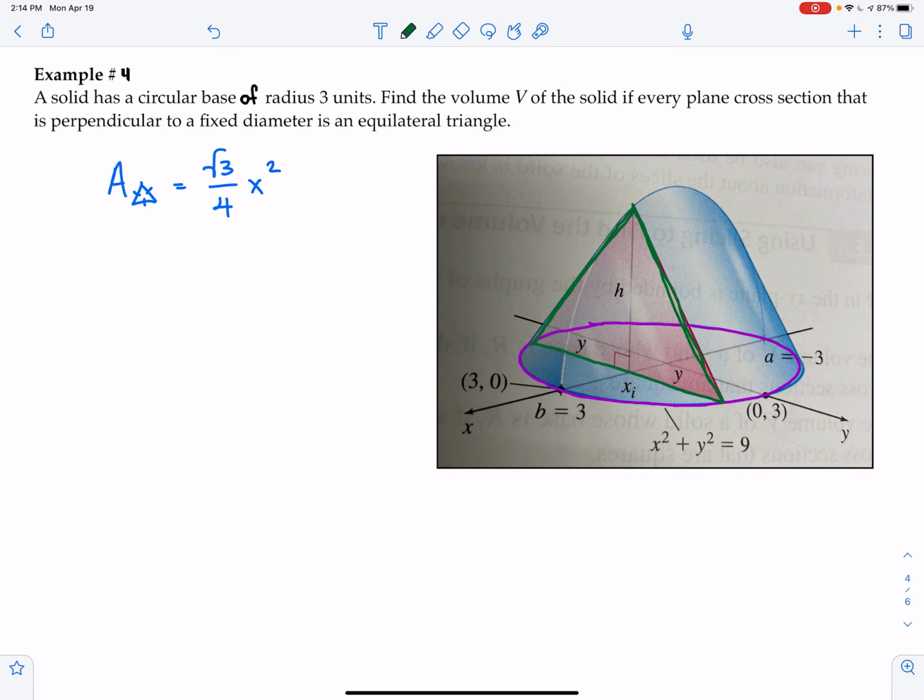So the volume will be equal to the integral from A to B, that is -3 to +3, and we'll go ahead and sub that out, times the area of each equilateral triangle. We could go through and use special right triangles and find the area of this particular triangle.